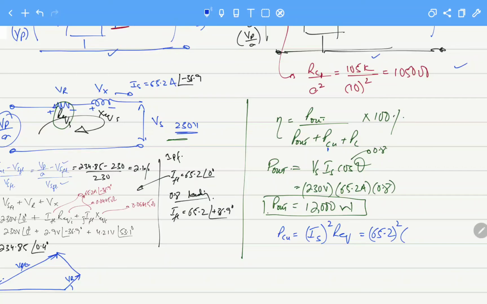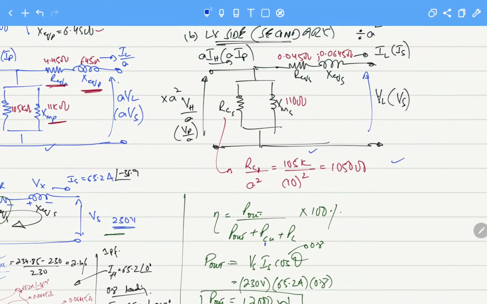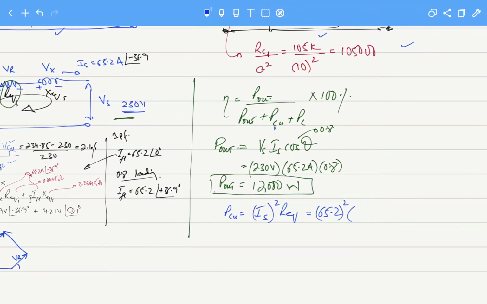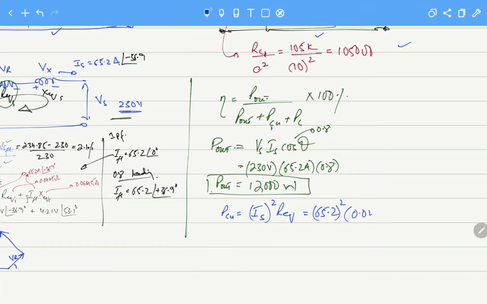What is the value of R equivalent? It is the same, this 1045, and copper losses will be equal to 189 watts. So here we have calculated copper losses also, we know the output.